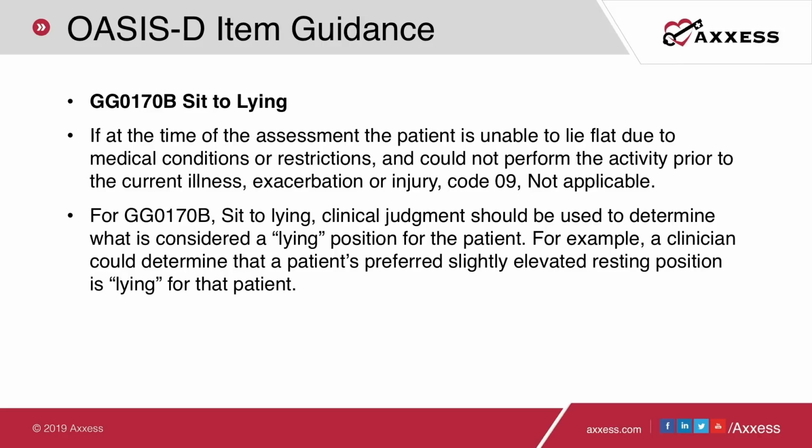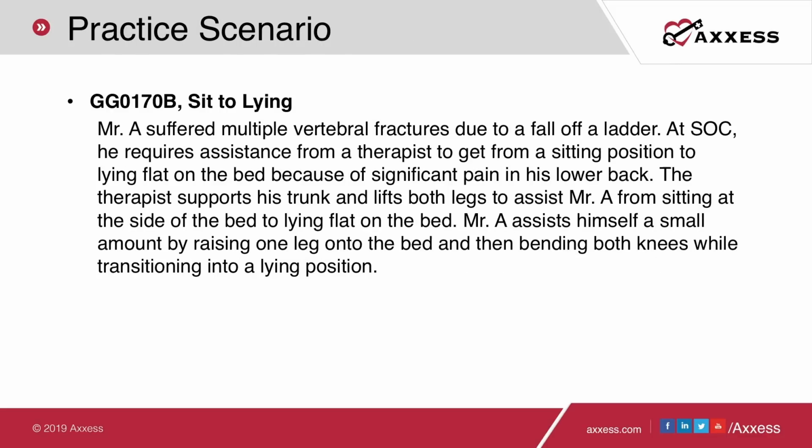If at the time of the assessment the patient's unable to lie due to medical conditions or restrictions and couldn't perform that activity prior to the current illness, then you would code a 9, non-applicable. For GG0170B Sit to Lying, clinical judgment should be used to determine what is lying position for the patient. For example, the clinician could determine that a patient's preferred slightly elevated resting position is the lying position for that patient. So let's put that in a scenario.